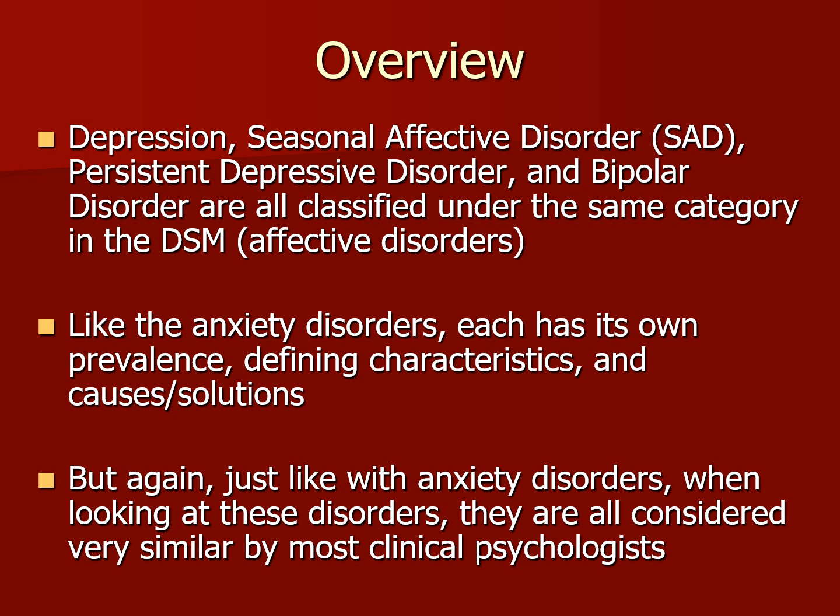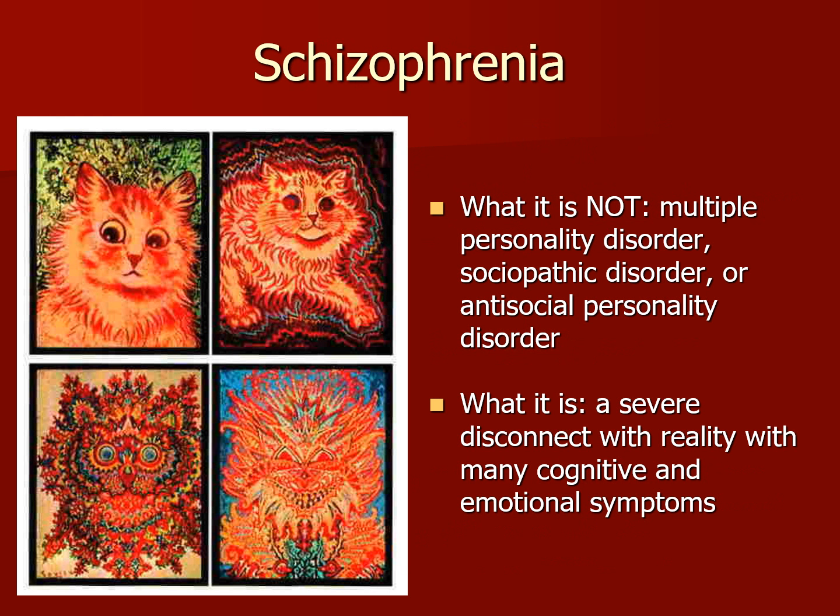This idea of differences with an underlying similarity is also going to be the same when we talk about that last classification of disorders that I've already alluded to a couple times now. That last classification of disorders is called schizophrenia.